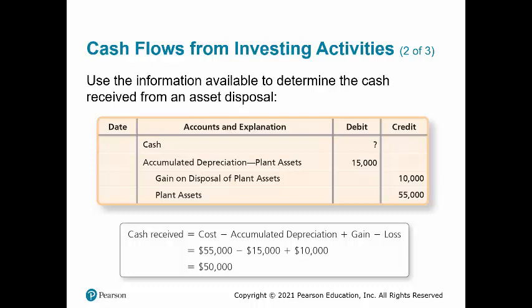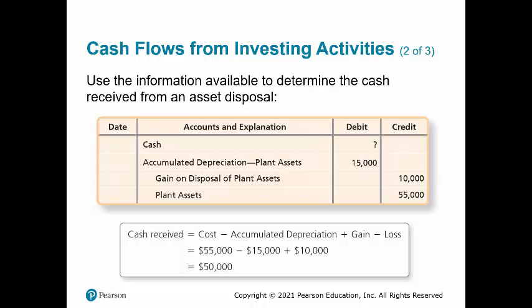But if you remember, we saw on the income statement that there was actually a gain on the disposal of plant assets of $10,000. So when we add the $10,000 to the book value, $40,000, we can determine what the actual cash was that we received on the disposal of the plant assets, $50,000.